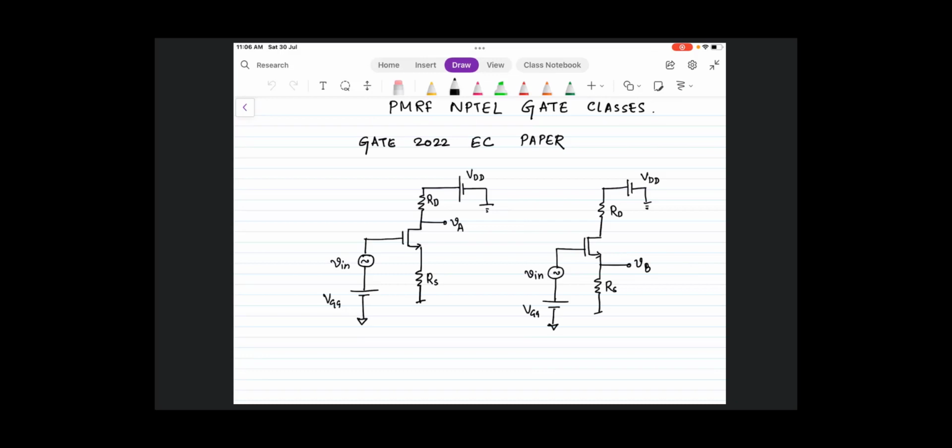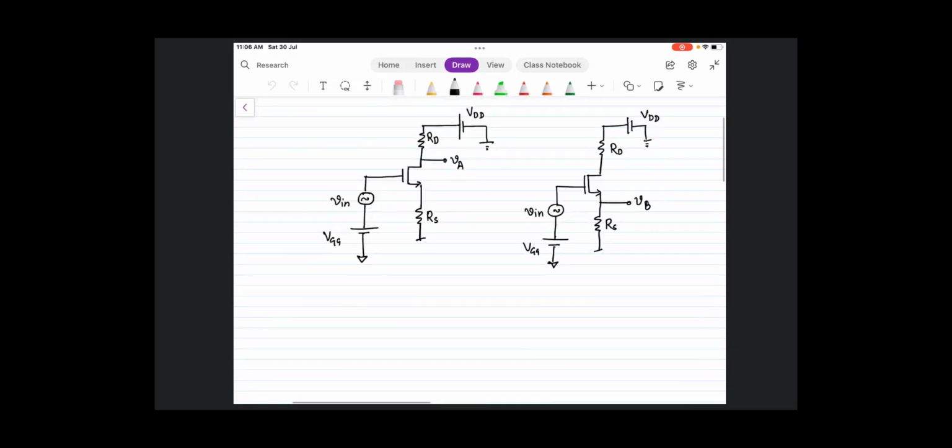So now in the question, you can see that we have been asked to find the ratio of two voltages, that is VA and VB. Here I have drawn two circuits, circuit 1 and circuit 2.